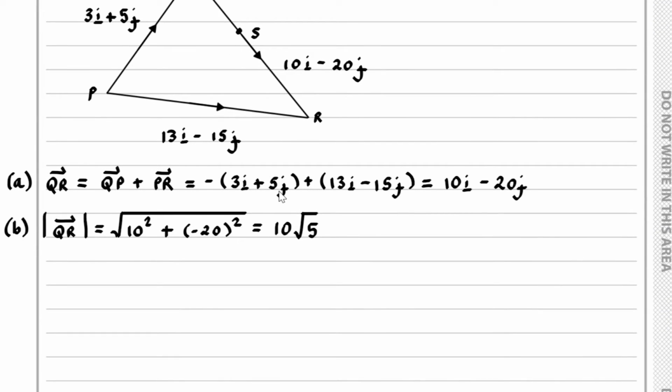And if the ratio QS to SR is equal to 3 to 2, that means then, for part C, QS is equal to 3/5 times by QR.